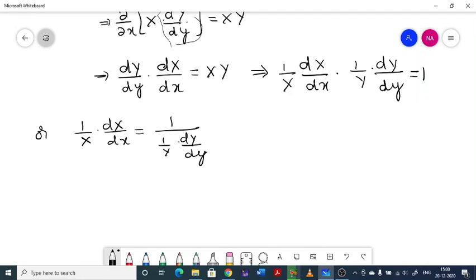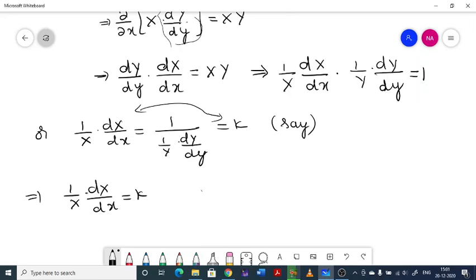So now these two are equal, you can say their common value as k. Now comparing first and third, 1 by capital X into d capital X by d small x equal to k, and other side you will get 1 by capital Y into d capital Y by d small y equal to 1 by k.